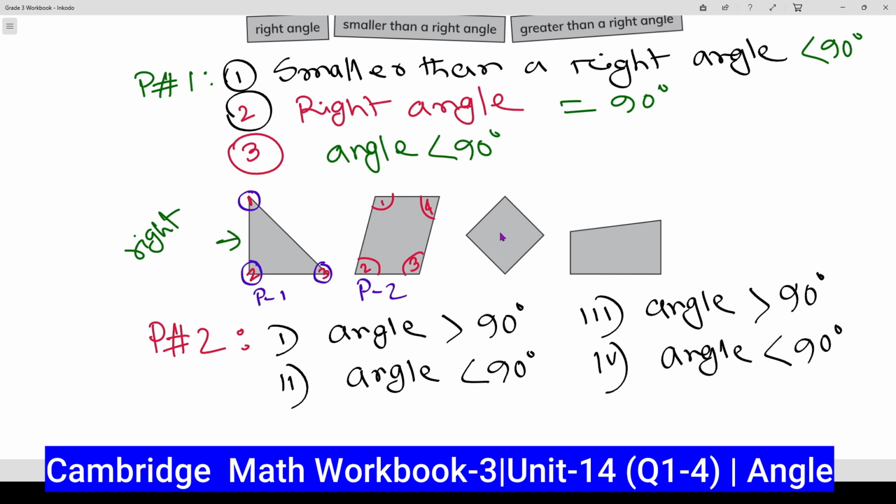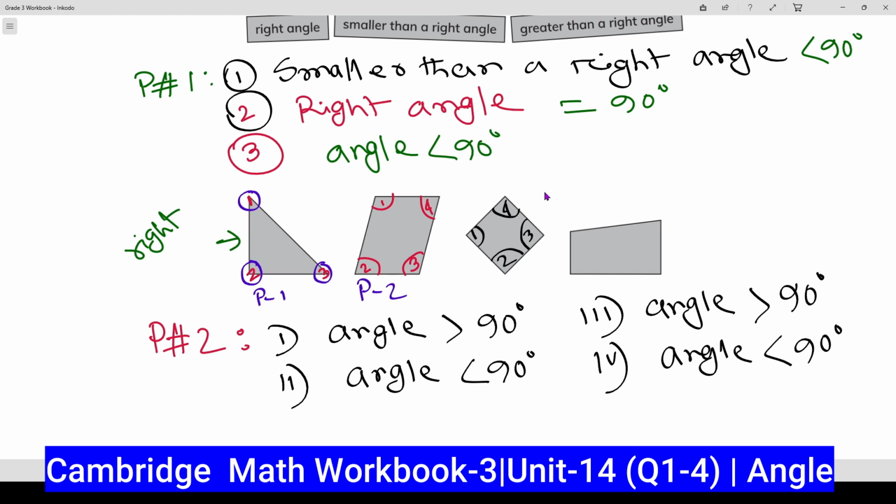So the first one, this one is a right angle. Next one, it's a diamond shape, or we can say rhombus. Rhombus, here is also 1, 2, 3, 4, right? Here, every angle is greater than 90 degrees.